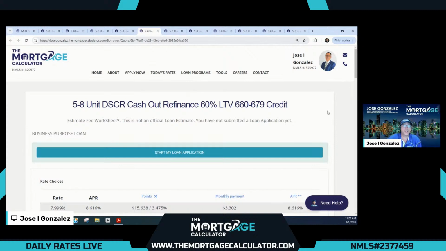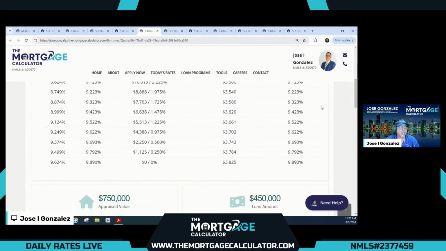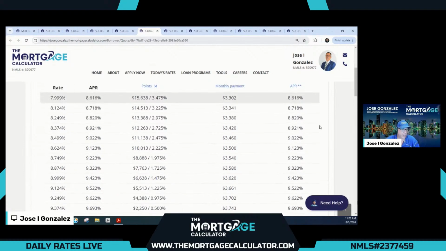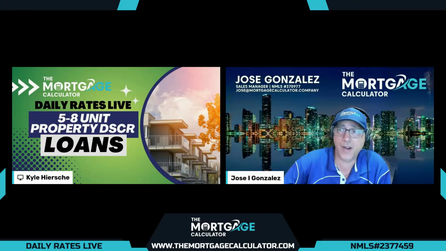And our last option I'm going to share with you here is for the low credit score of 660 to 679. That's the lowest that this particular hybrid 5 to 8 unit option goes to. 60% LTV, and we are looking at 9.624 at par, and you can buy that down all the way to 7.999. So please do look to the mortgage calculator for your 5 to 8 unit property.